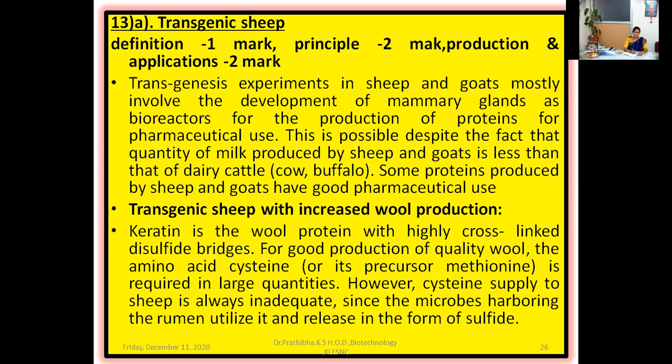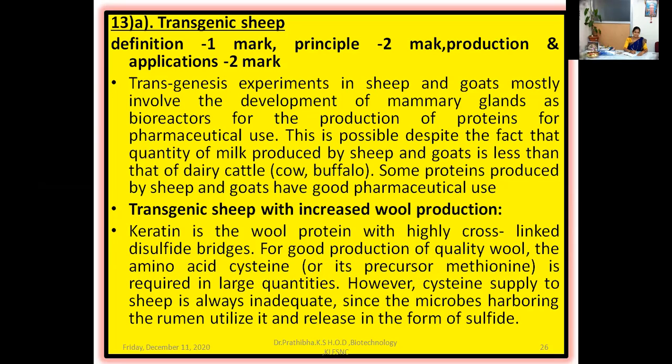Okay, transgenic sheep with increased wool production. Let us go through that one. Keratin is the wool protein with highly cross-linked disulfide bridges. For good production of quality wool, the amino acid cysteine or its precursor methionine is required in large quantities.